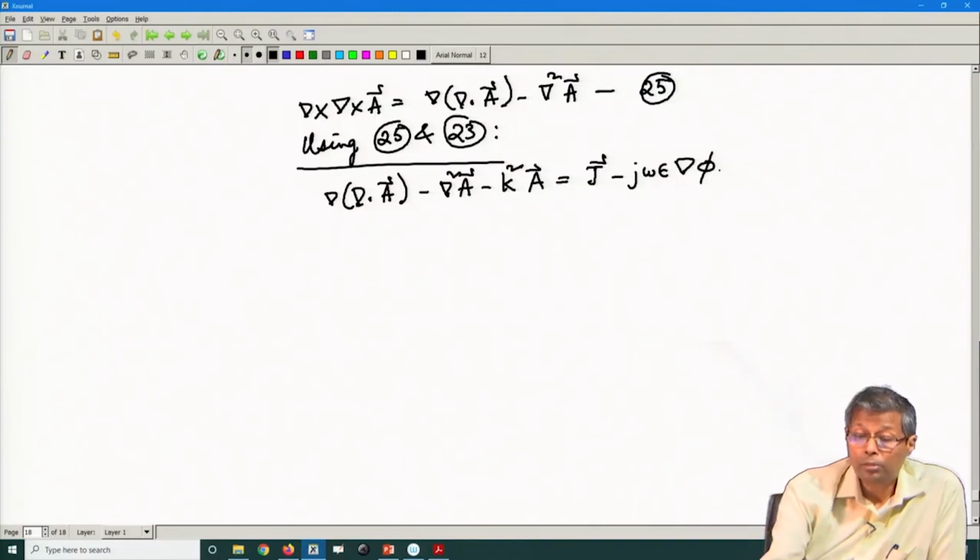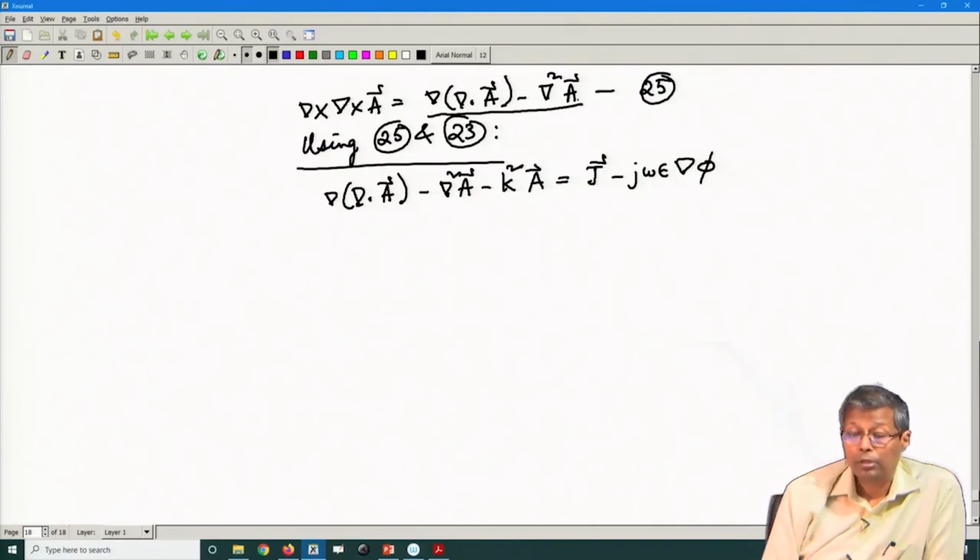So, this is by just substitution of this into the previous equation, which is 23.